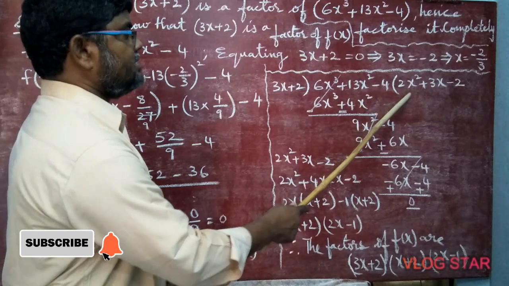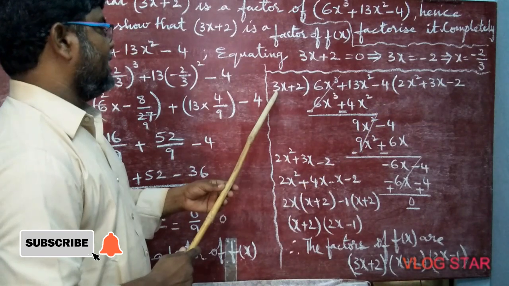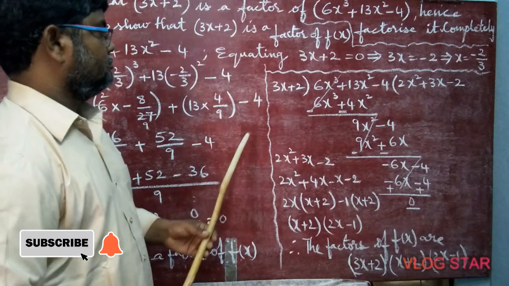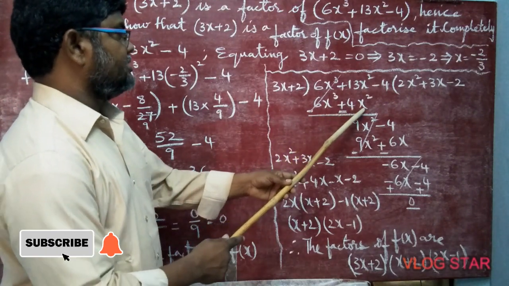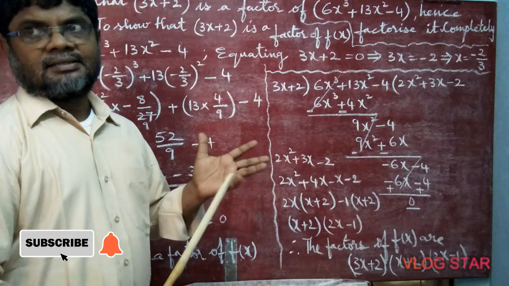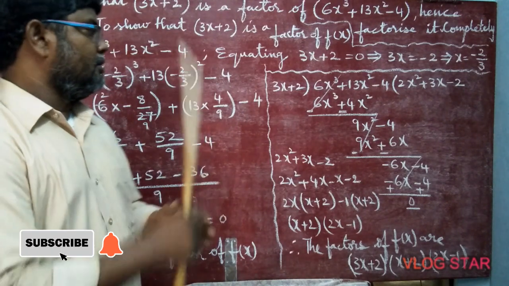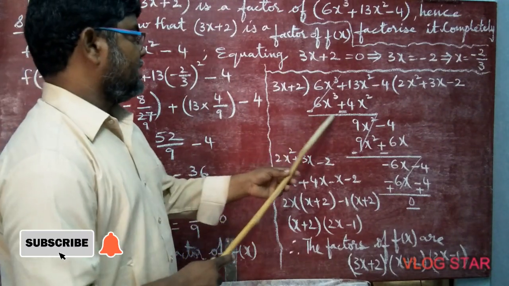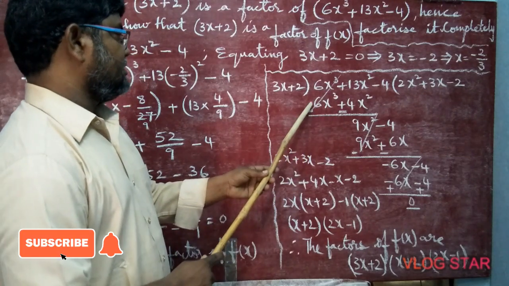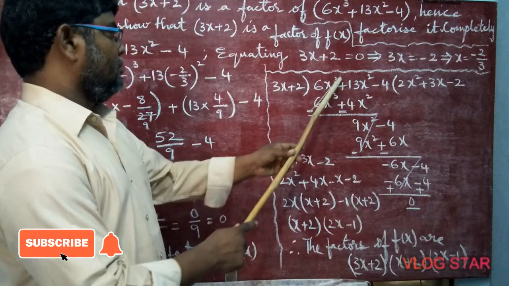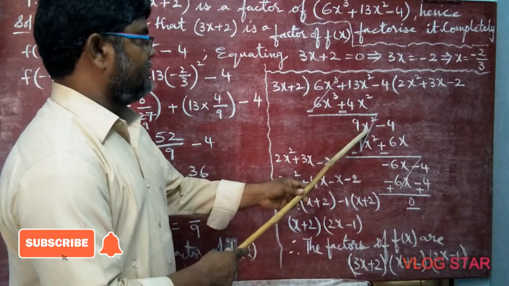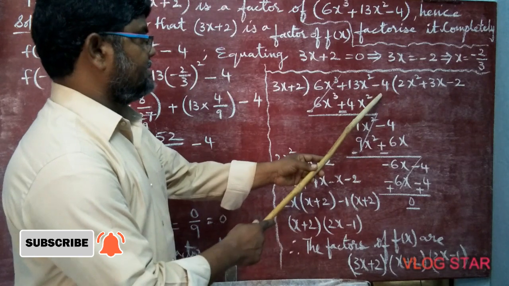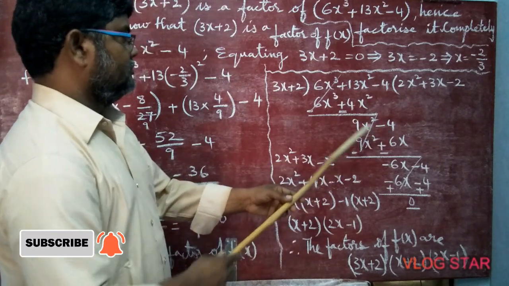With this plus 2x square, multiply by 3x plus 2, you will get 6x cube plus 4x square. Keep in mind: sign, number, variable. Signs become opposite. We are subtracting, plus becomes minus, plus becomes minus. Both get cancelled. 13 minus 4 is 9x square minus 4. The next constant term we will bring down.